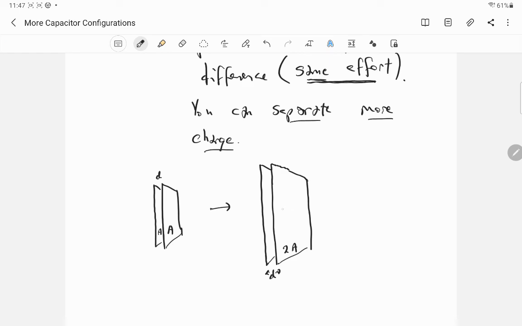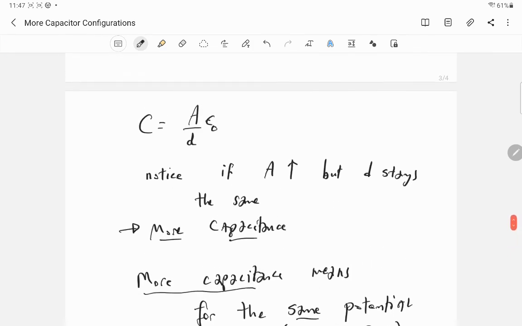I will be able to load twice the charge for the same potential difference. So yeah, I think you can see what I mean. But this is an argument by proportionality.